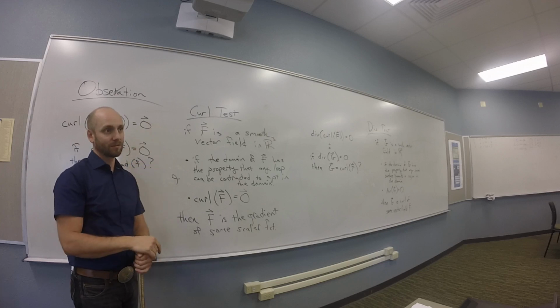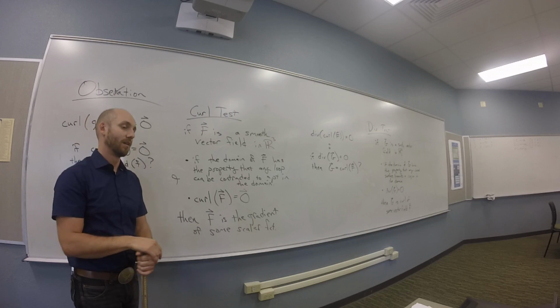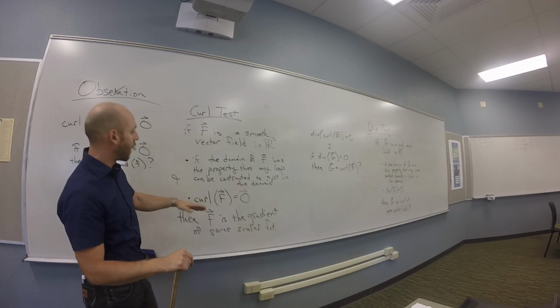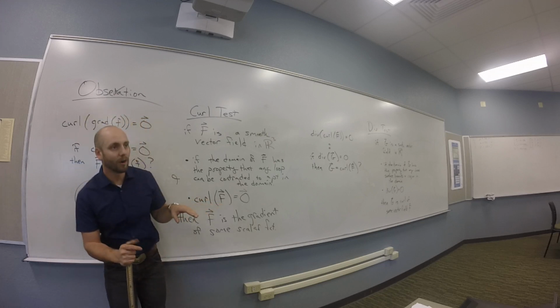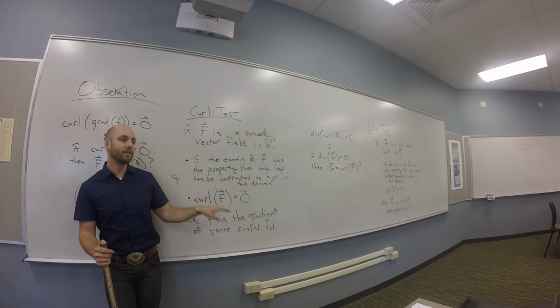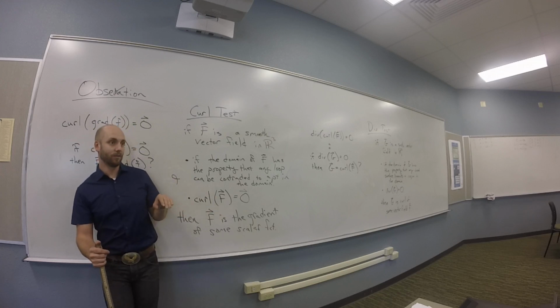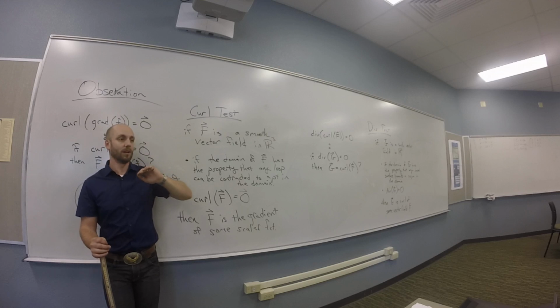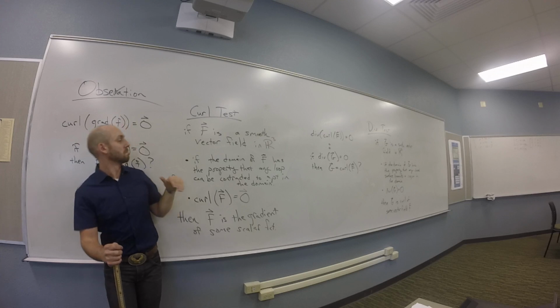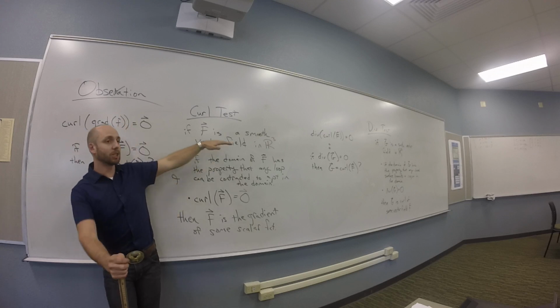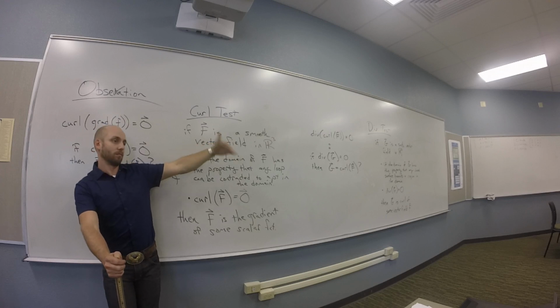So you can technically question any function like you normally would with any curl test? If you try to apply the curl test, what you're asking is, this vector field that I've got on hand, this F, is it the gradient of something? In other words, can I find an antiderivative? So the first thing I might do is check: is it smooth? Cool.